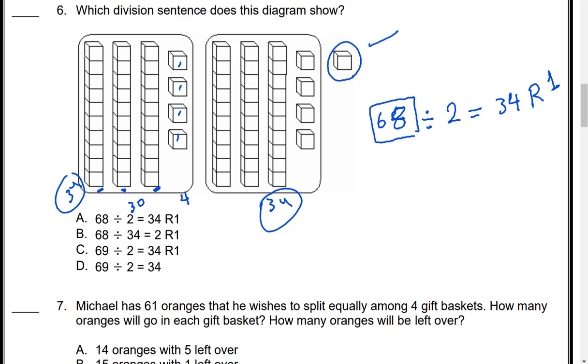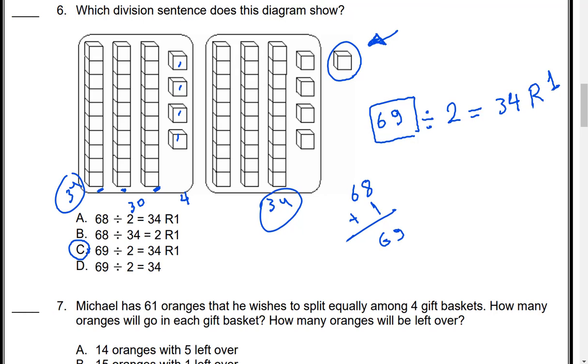What about this one? It will be 69, because we have 68 plus another one. So it will be 69, and the remainder 1. Great. So the answer is C. Thank you, my hero.